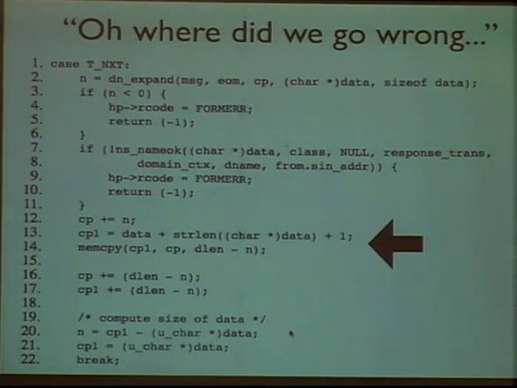So in order to have enough of a buffer and to do memory copies of those names properly, you start depending on the lengths in RR records.